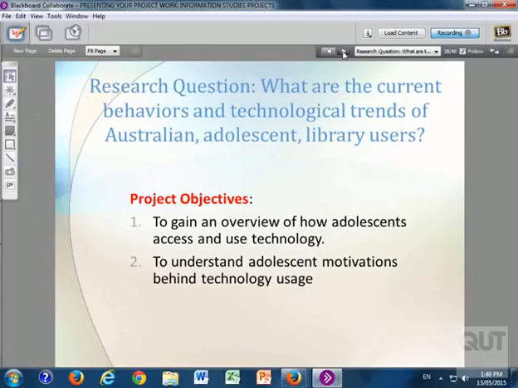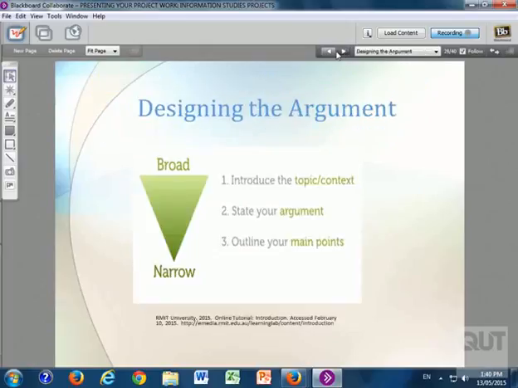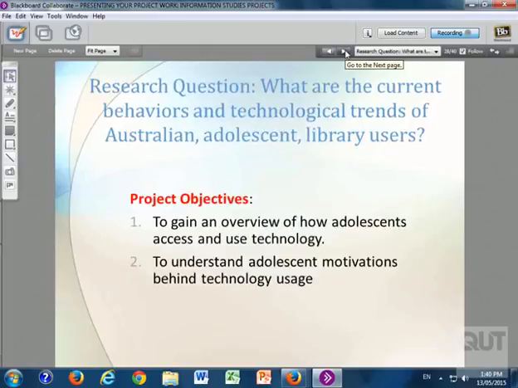So this is a very well structured one. This all falls into what they call the background. They're talking about why they're doing it, the problem that they had identified or become aware of, and then the research question that emerged from their study.